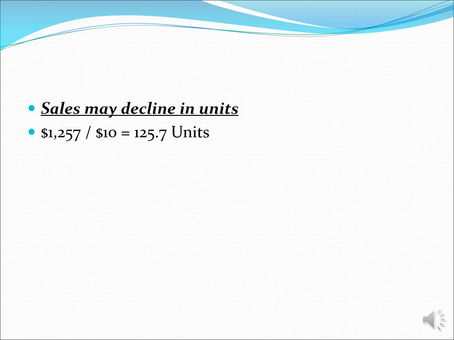So now we calculate the decline in units, and we divide $1,257 by $10, that is the unit sale price, to give us the figure 125.7 units. So that is the margin of safety for decline in units sold.